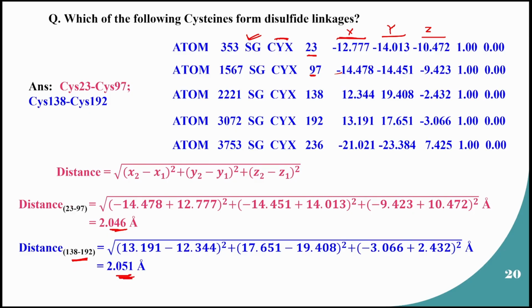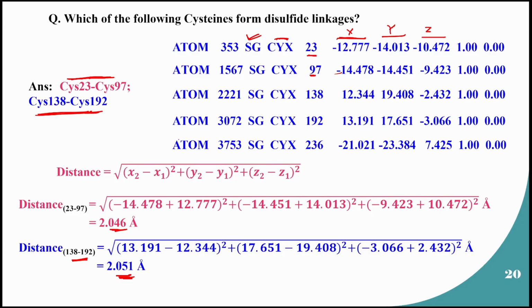So in this particular case, you can say that these sulfur atoms are within disulfide bond formation range. So that means cysteines 23 and 97 will be one pair of disulfide bond forming residues, and 138 and 192 will be another pair.